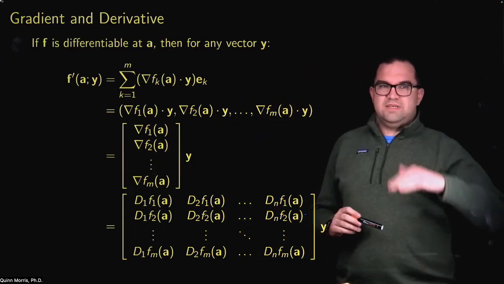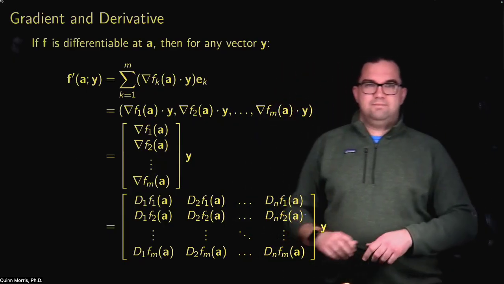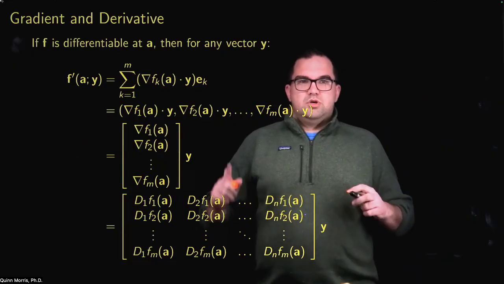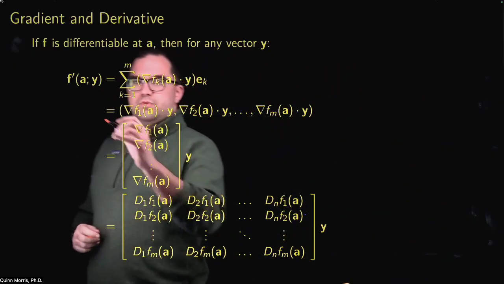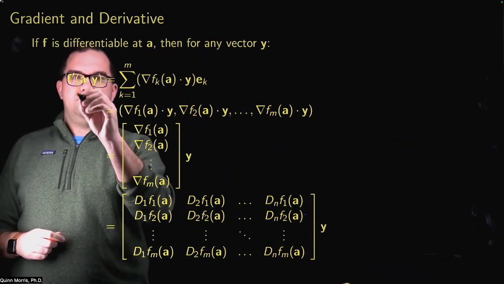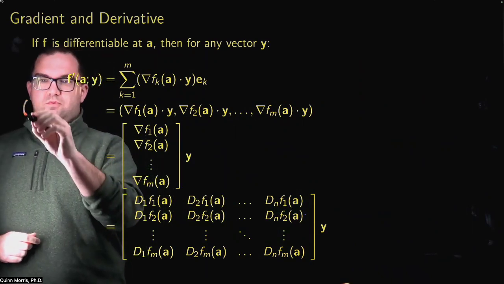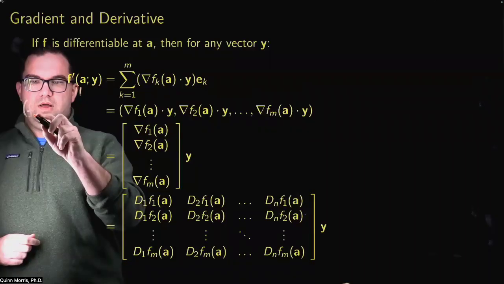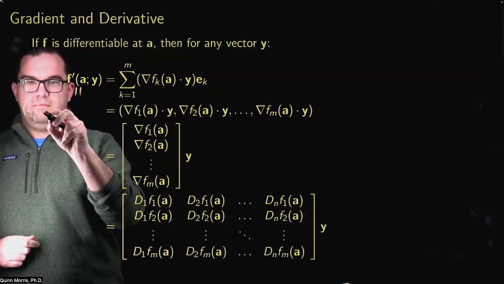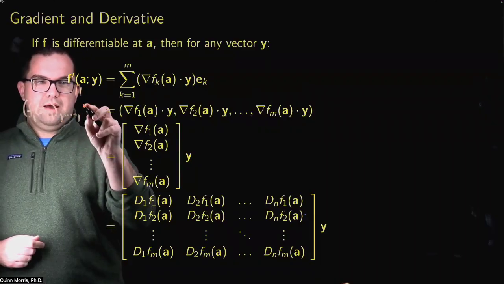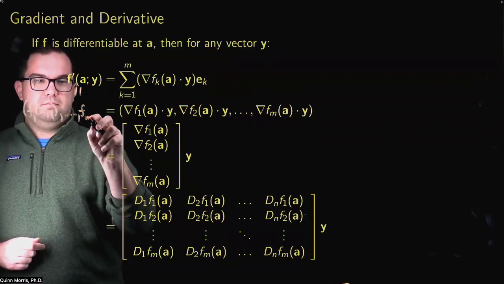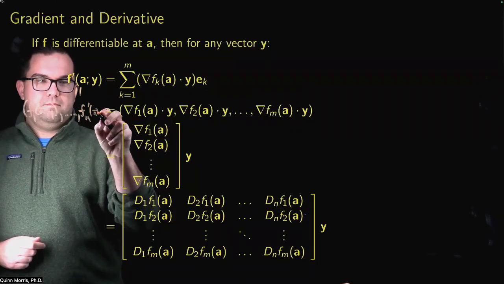We're going to walk through this derivation line by line. If I just go back to what I had written earlier, we sort of said this is really equal to F1 prime(A; y), F2 prime(A; y), all the way up to Fm prime(A; y).